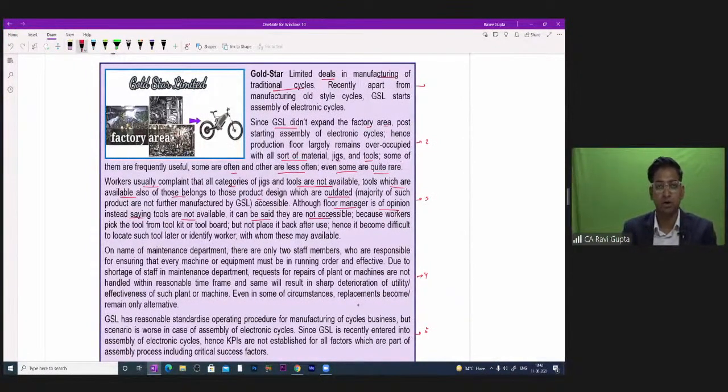Definitely, instead of not available, it should be said that it is not accessible. So we have second S, it will be applicable because workers pick the tools from the toolkit or tool board, but do not place them back after use. Hence, it becomes difficult to locate such tools later or identify workers with whom these may be available.